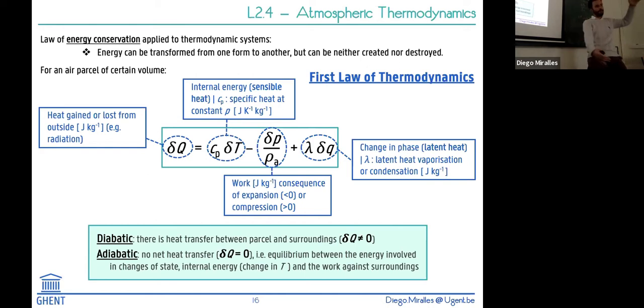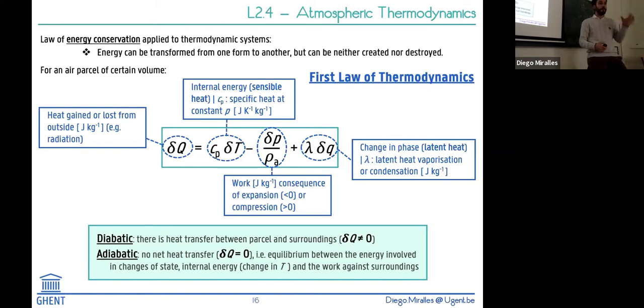So when it receives heat from the surface, it can use that energy to vaporize the little droplets of liquid water that it has into vapor. That would be equivalent to using the radiation to vaporize water from the soil. It's just using energy for a phase change from liquid to gas. So it's a latent heat flux process.